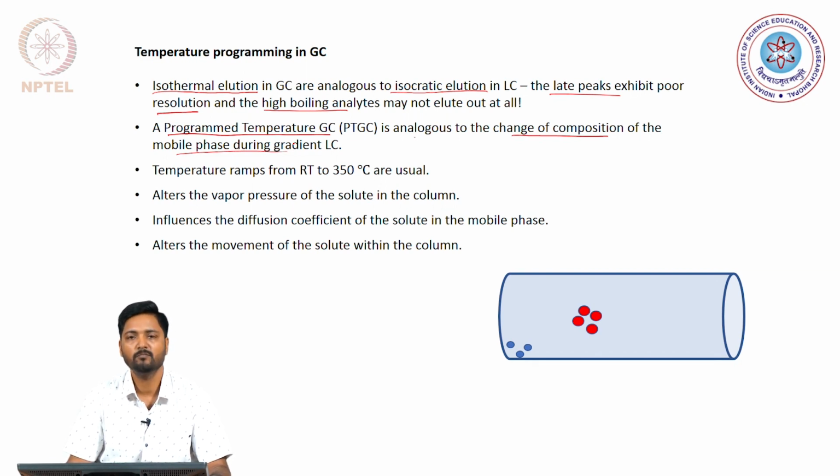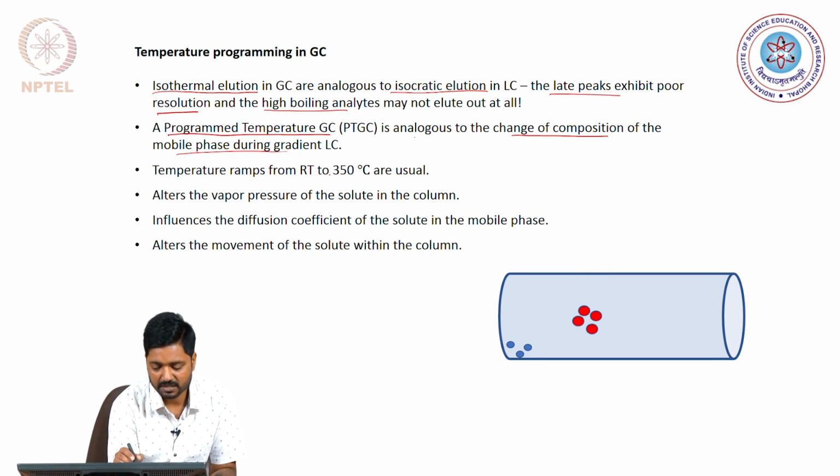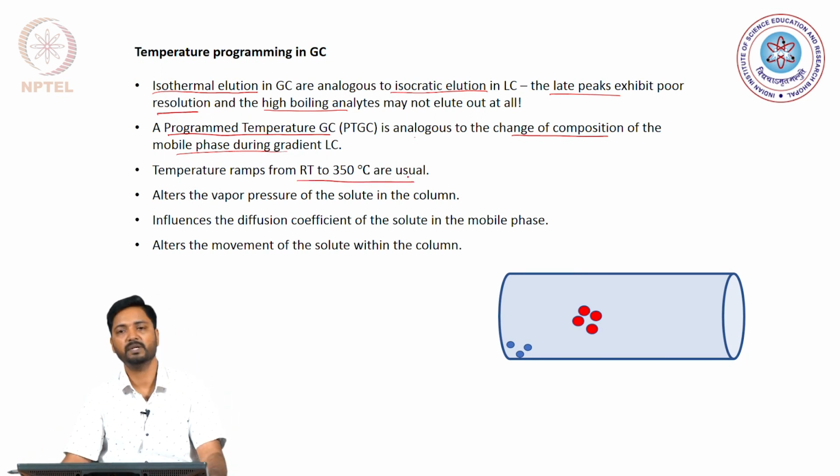Similarly here, by changing the temperature we are changing the vapor pressure of our analyte. So practically it is quite common to have temperature ramps from room temperature to 350 degrees Celsius. As you can see, we are talking about really high temperatures, and this needs to be kept in mind with regards to the stability of the analyte that is being passed through the gas chromatography column.